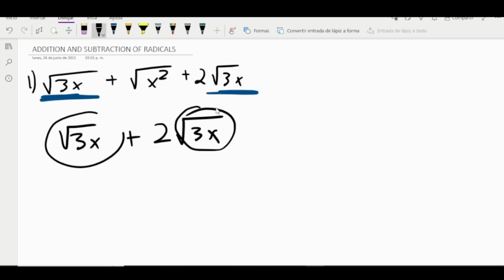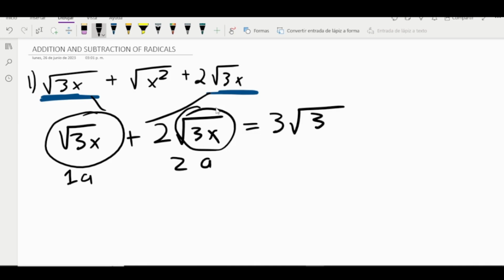It's like I said about the apples: we have 1 apple and 2 apples. If I add only these two, it's going to be 3 square root of 3x, because 1 plus 2 is 3. In the middle we have the square root of x squared.